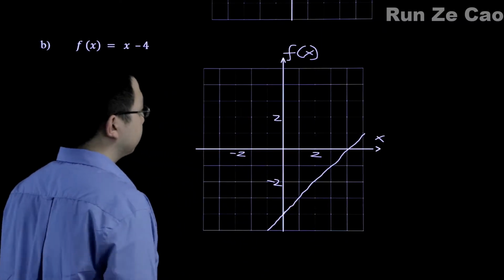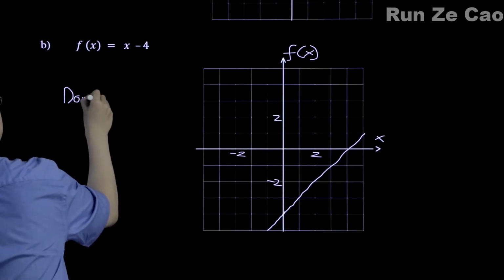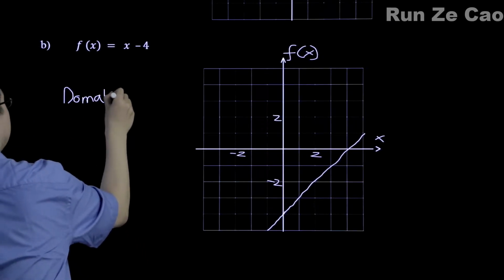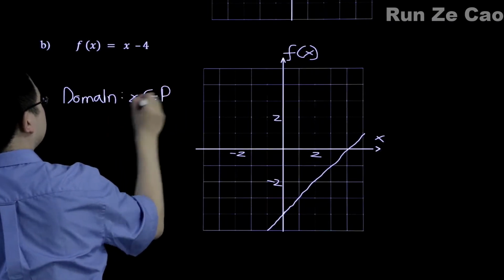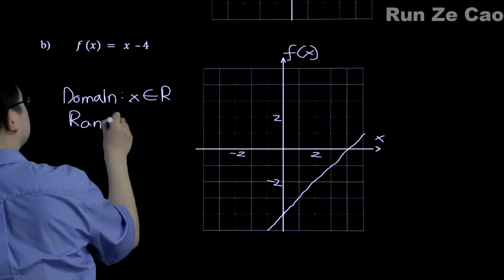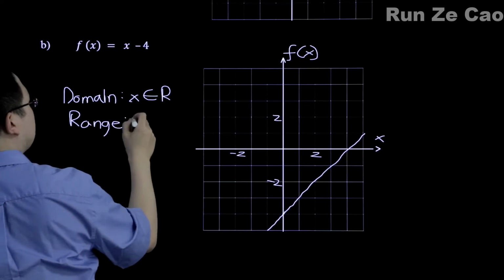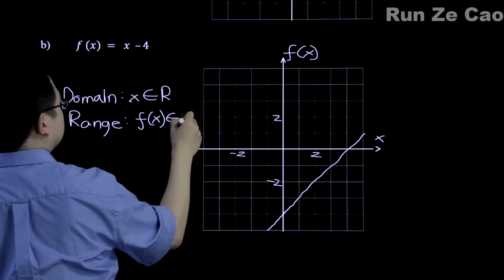There we go. So, domain, x is an element of the real numbers, and range is f(x) is an element of the real numbers.